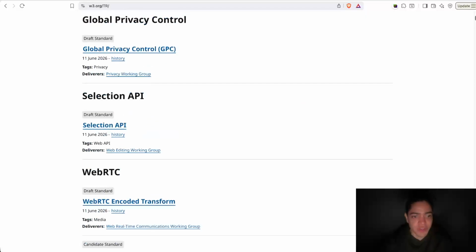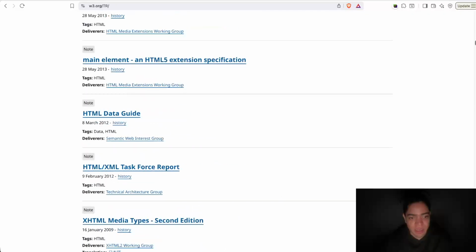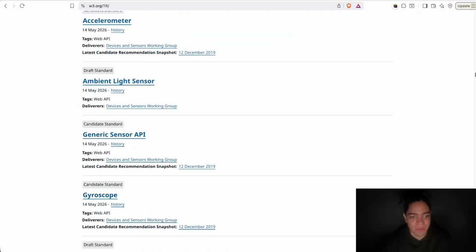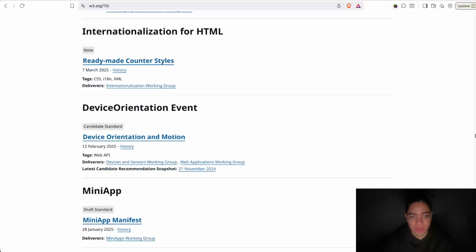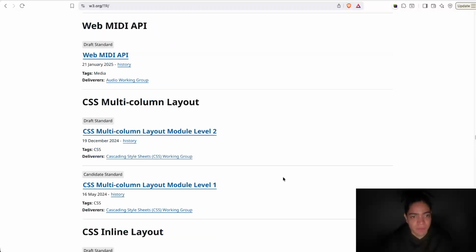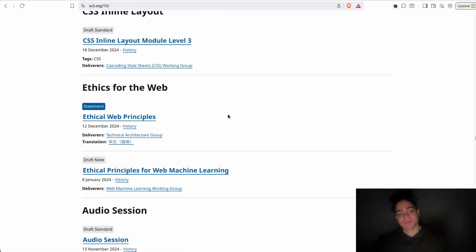Well, this is huge, right? WebRTC, and so on. So this is just to get ourselves familiar with this, okay? But again, it's here that they are actually maintaining this. For example, you can even see the CSS multicolumn inline.